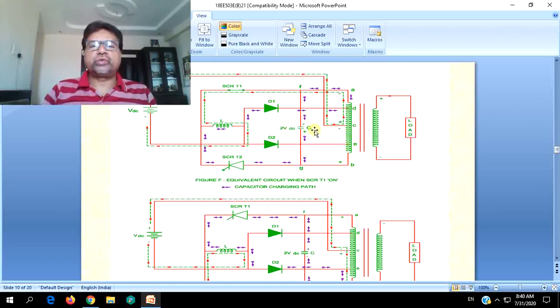The capacitor gets charged to 2 VDC, but again the upper plate is negative, which is connected to F and A. So once switched on, current flows like this, and the load gets a voltage equal to VDC.